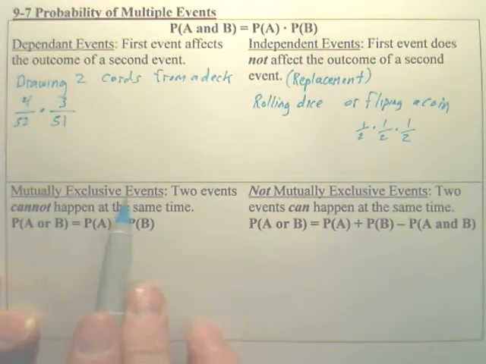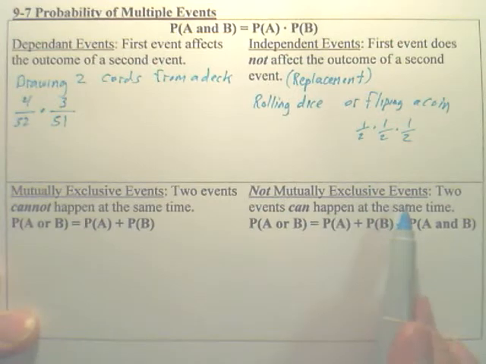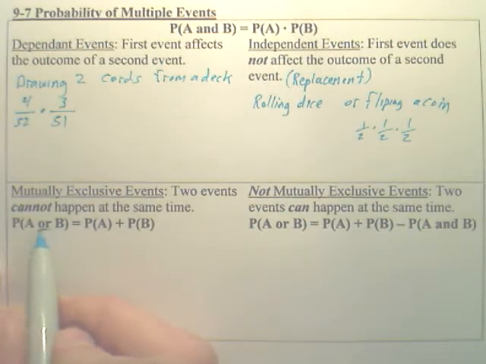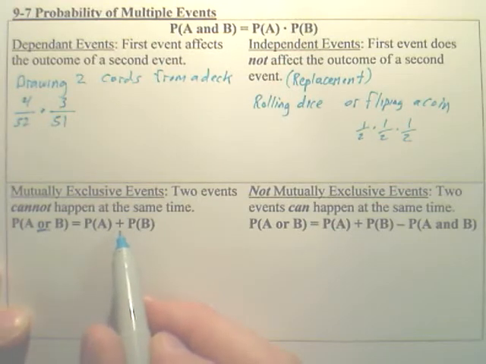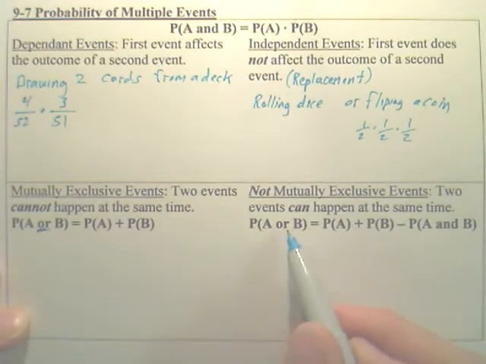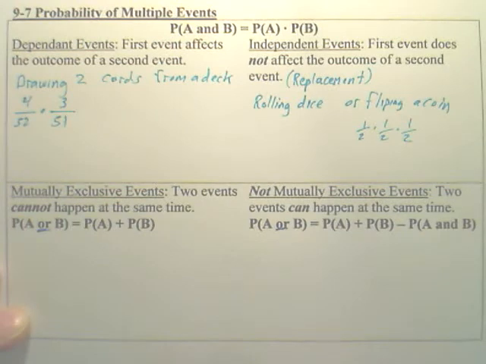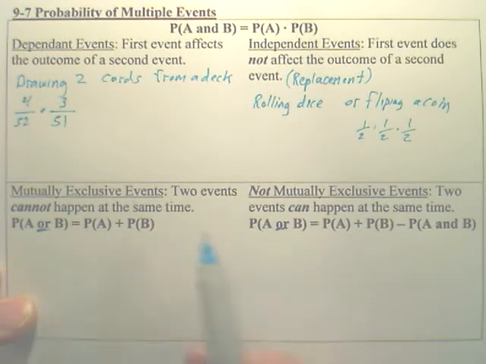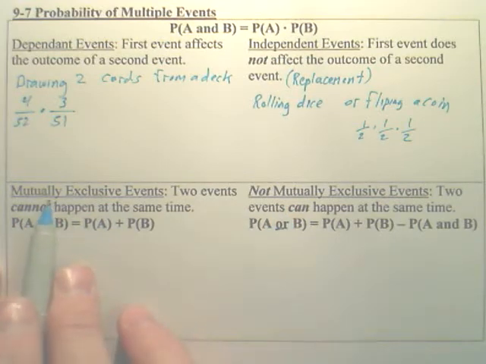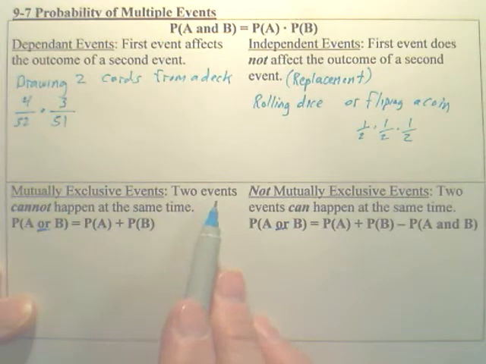Next, mutually exclusive, not mutually exclusive. What do you see in this word right here? Or. And what do ors have? Plus. Isn't this one also an or? Now, there's a difference between mutually exclusive and not mutually exclusive. Mutually exclusive events are two events that cannot happen at the same time.